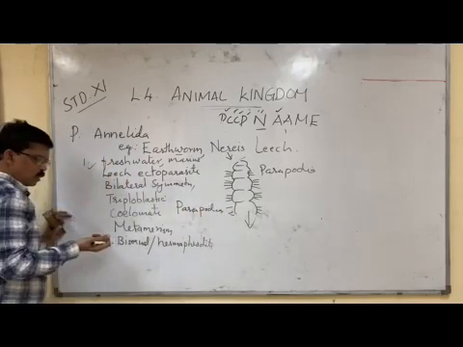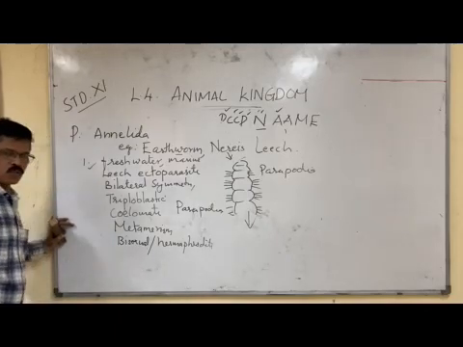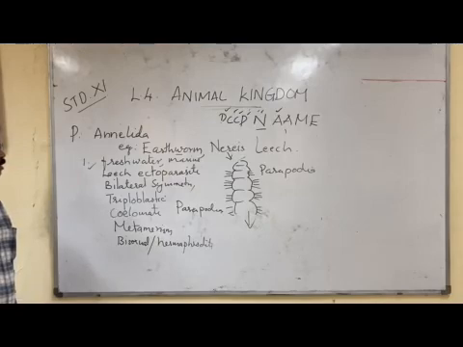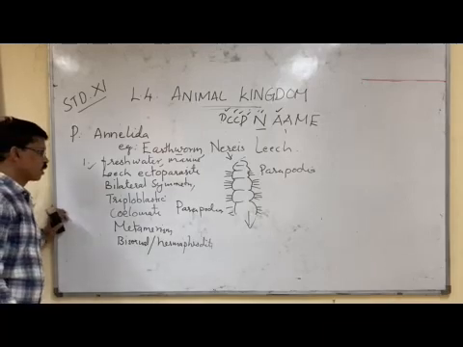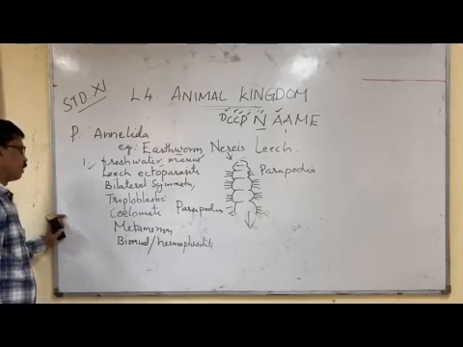So, what are the major features? Most of them are freshwater and some are marine. Leech is an ectoparasite. It lives outside the body of the host and derives food or blood from the host. When we stand in marshy areas, the leech comes near us and sucks blood from outside. That is why they are called ectoparasites. Bilaterally symmetrical means two equal halves only in one plane.